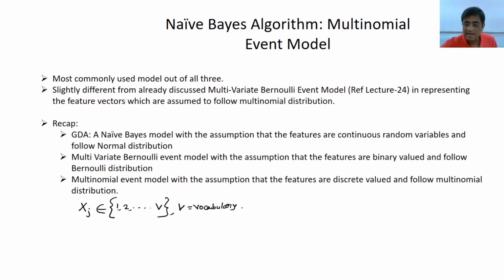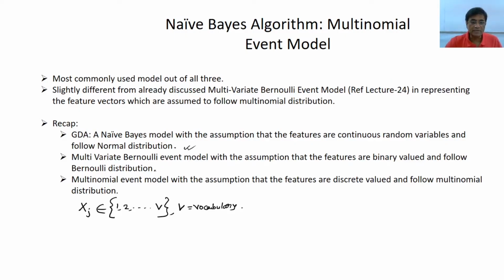If this assumption is true, meaning in reality your data is following this, this is the best algorithm which will perform among all the Naïve Bayes algorithms. And it is too simple to implement, so you should go for it.